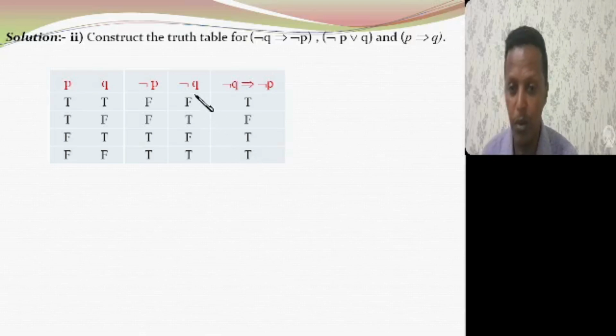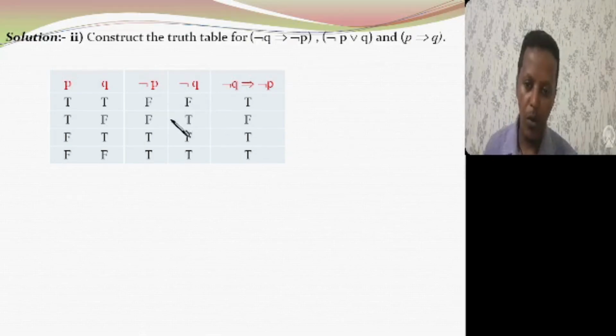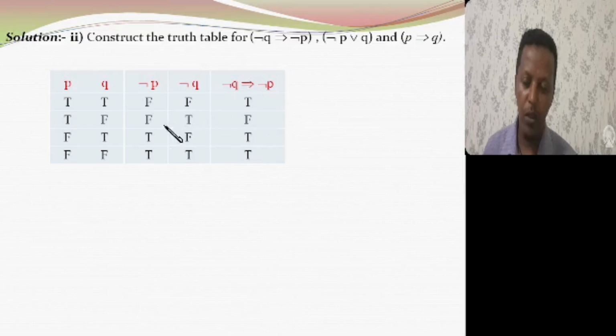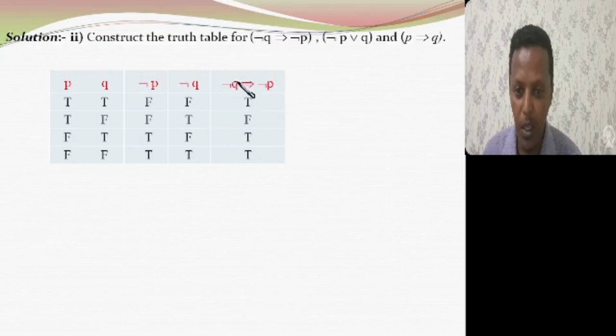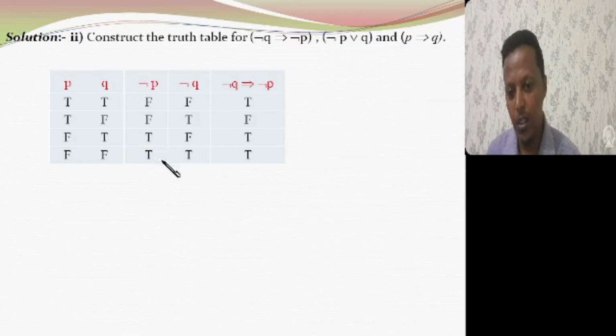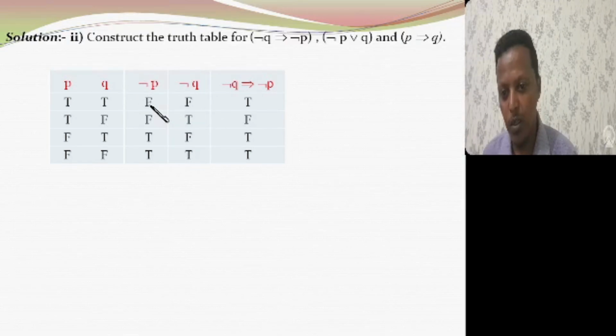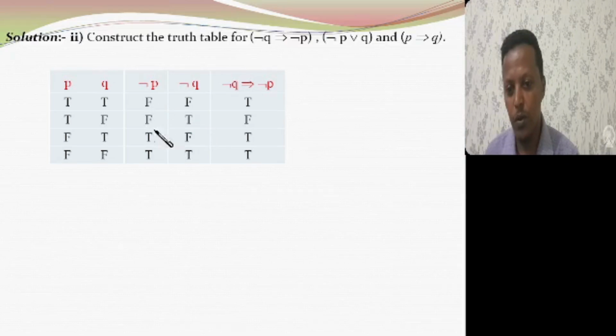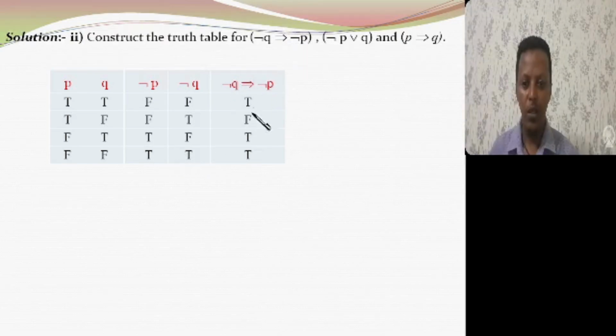True. The order is important. If you reverse the order, you will get different results. So it says negation Q implies negation P, so you need to imply from the fourth column to the third column. False implies false, true. True implies false, false. False implies true, true. True implies true, true. So for negation Q implies negation P, we get what? True, false, true, true.